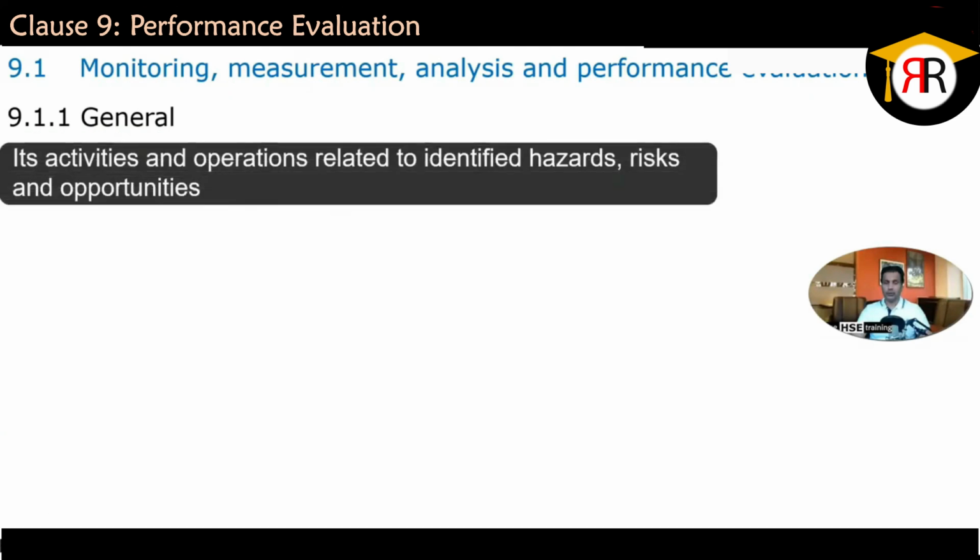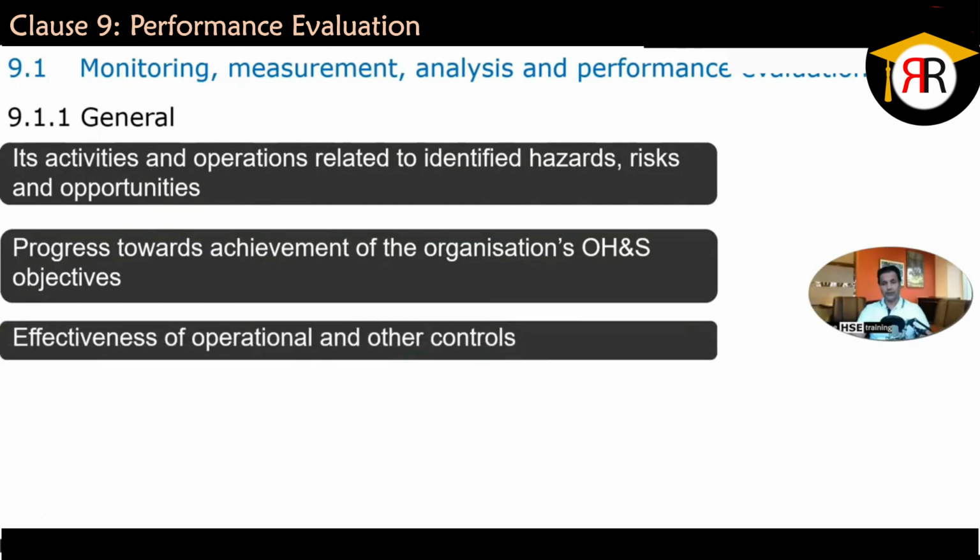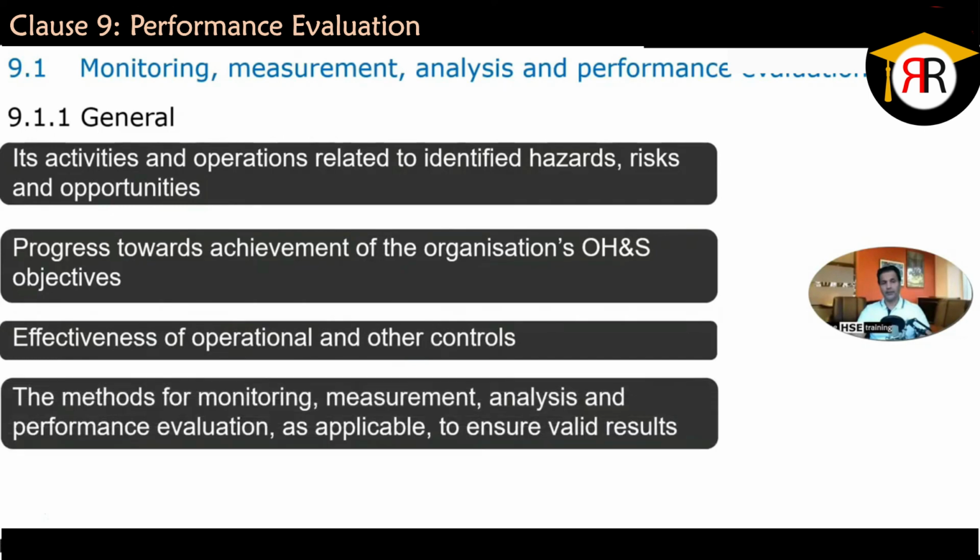But also, we need to look at activities and operations related to identified hazards, risks and opportunities for monitoring, measurement, analysis and performance evaluation. Also, progress towards achievement of the organisation's objectives for occupational health and safety, and the effectiveness of operational and other controls, and the methods for monitoring, measurement, analysis and performance evaluation to ensure valid results.